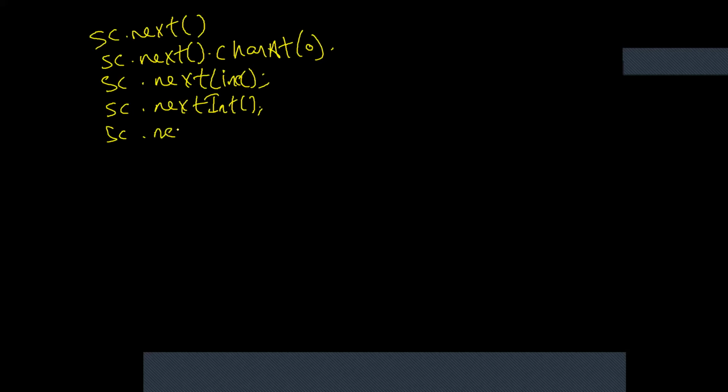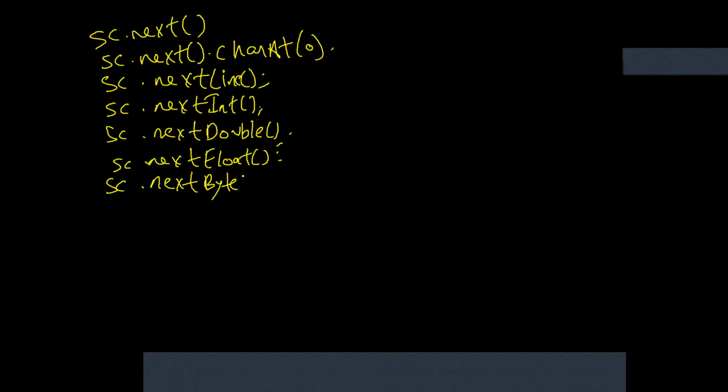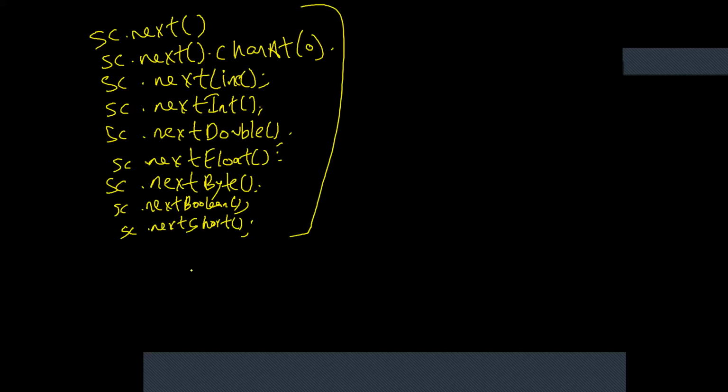So I'm not going to write the definitions again and again, right? nextDouble, sc.nextFloat. Then what after that? sc.nextByte, sc.nextBoolean, yeah, right? And sc.nextShort, everything. Okay. So except char. So just remember this thing.